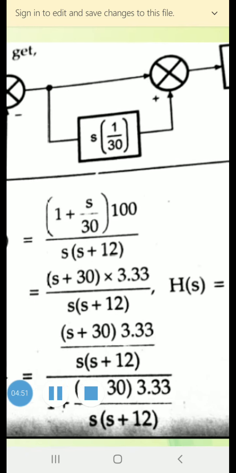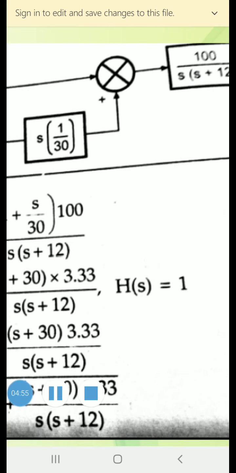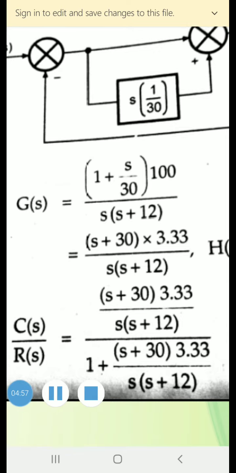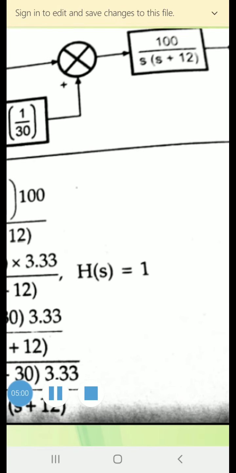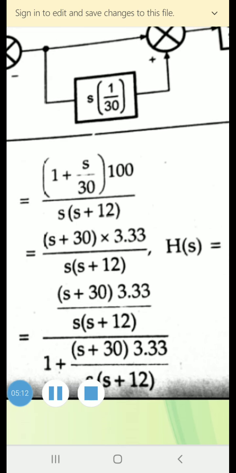Two blocks are in series. Due to that, G of S will be 1 plus S by 30 into 100 divided by S into bracket S plus 12. So after expansion it will be S plus 30 into 100 divided by 30, which is 3.33, divided by S into bracket S plus 12. So you understood how it is.